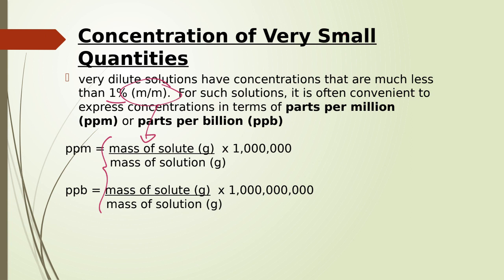Just instead of multiplying by 100% over here, which would still give us a very small concentration value, we multiply it by a larger value to get to more of a whole number. So you either multiply by 1,000,000 for parts per million, or you multiply by 1,000,000,000 if it was parts per billion. But the setup of the formula, or the mathematical formula, is the same as the previous examples.